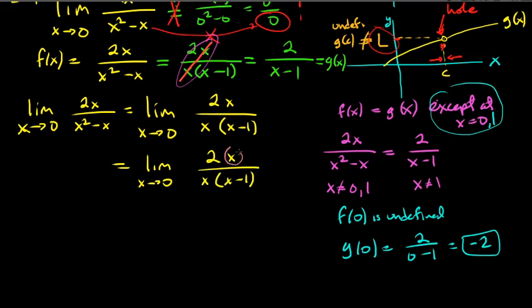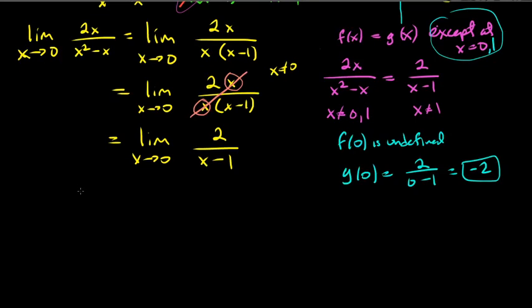So x divided by x is 1, they cancel, as long as x is not 0, of course. Again, this is now your g of x. I simplified f of x and I got my g of x, so it's essentially the same function.